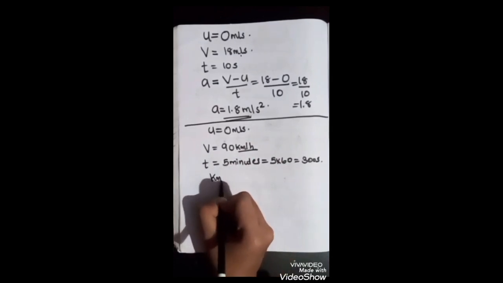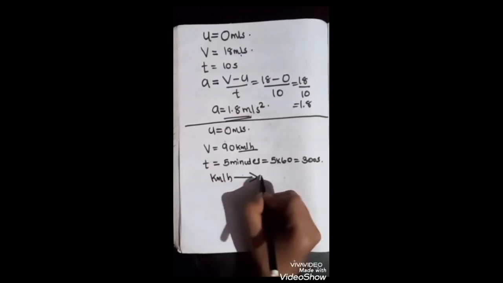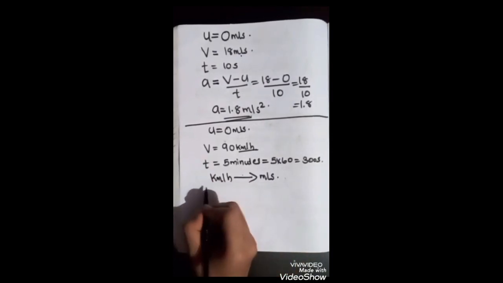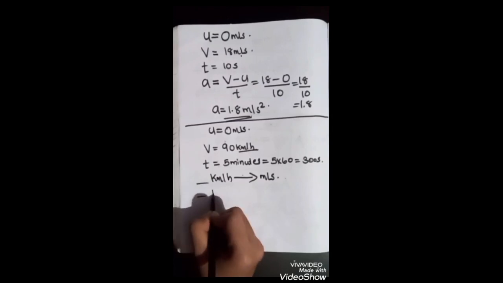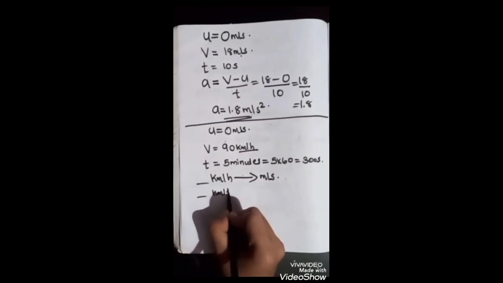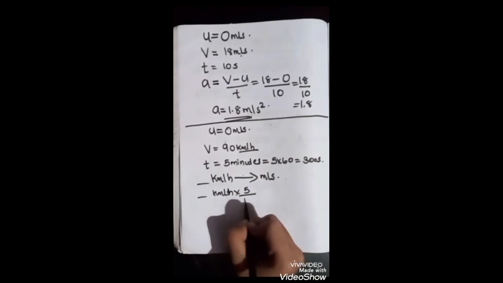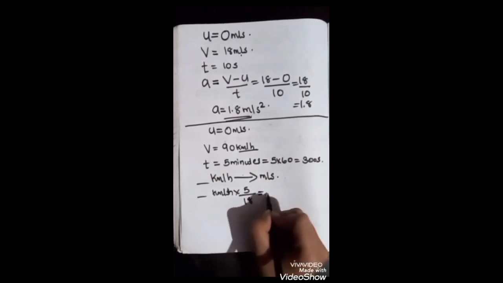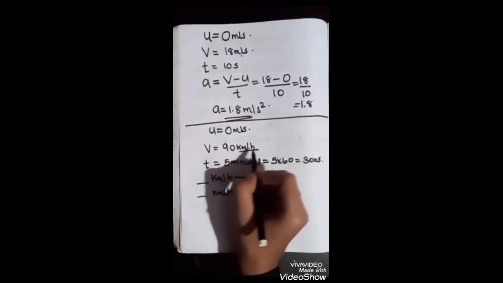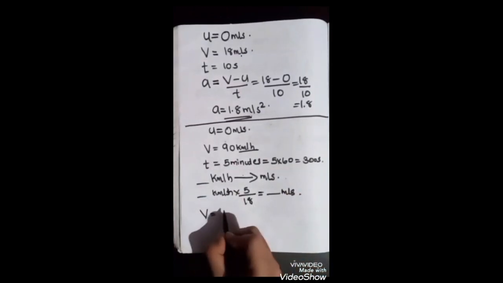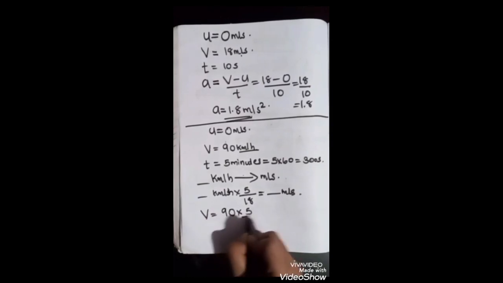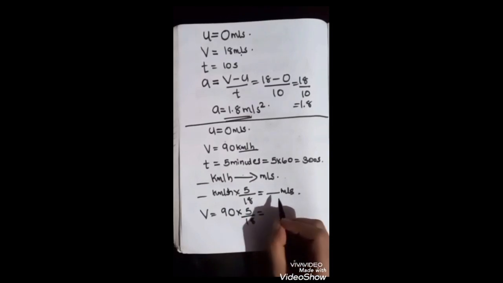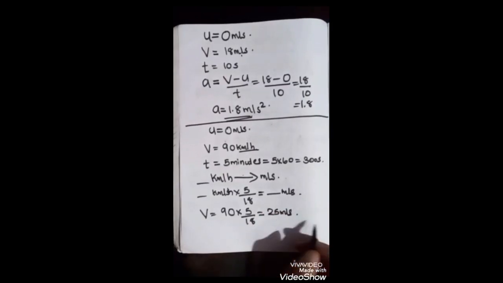In order to change kilometer per hour into meter per second, we have to multiply the answer in kilometer per hour by 5 by 18. It gives the answer in meter per second. Here v is equal to 90 kilometer per hour, that is, v is equal to 90 into 5 by 18, that is approximately equal to 25 meter per second.